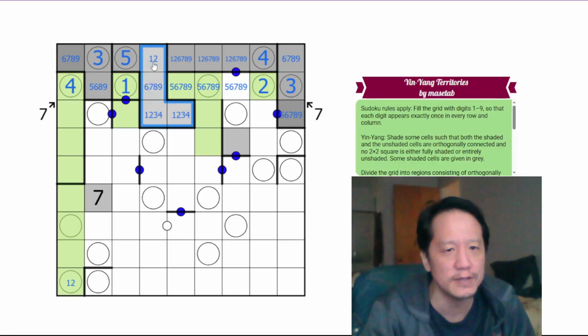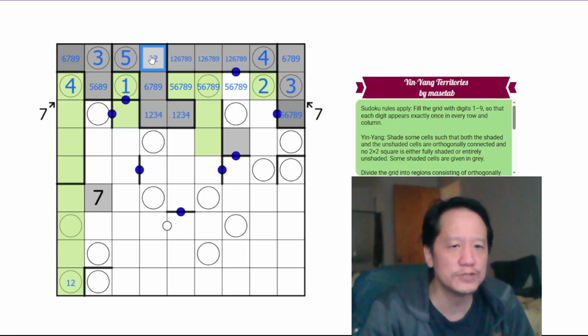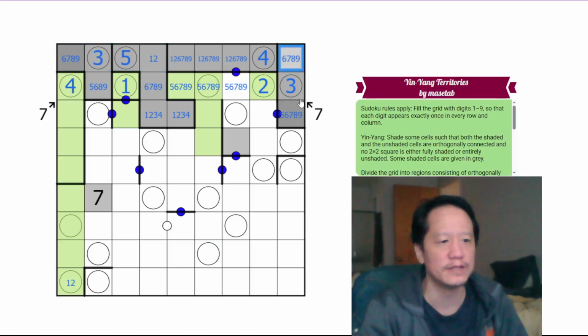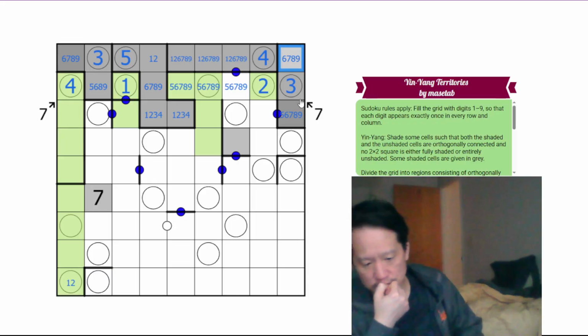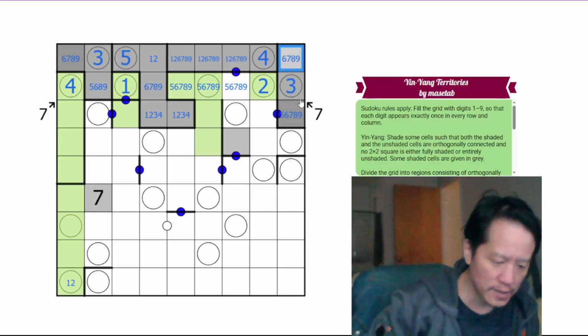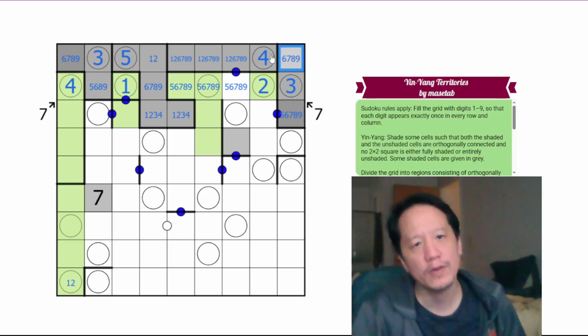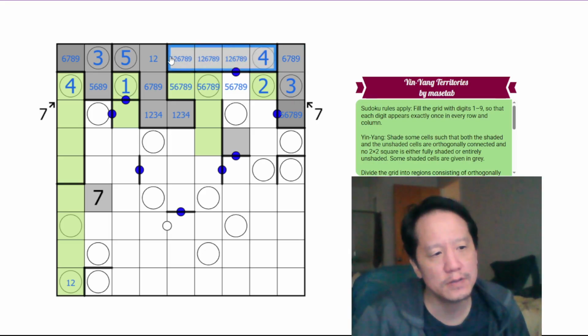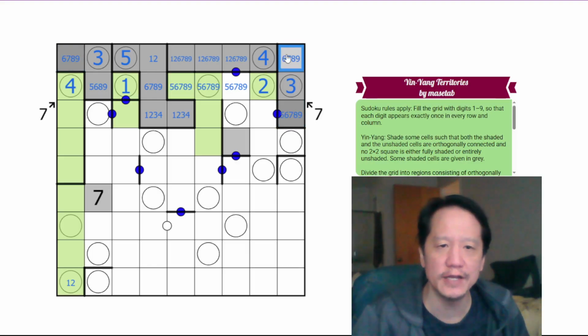This must be at least 18. So 18 plus 2, 5, and 3 is 28, and then you could have 8 and 9 there. Oh, what happens if this is 20? So if this is 20, this must be 8, 9, 8, 9 as a pair. And that doesn't work. So you have 8, 9 here, 8, 9 here.